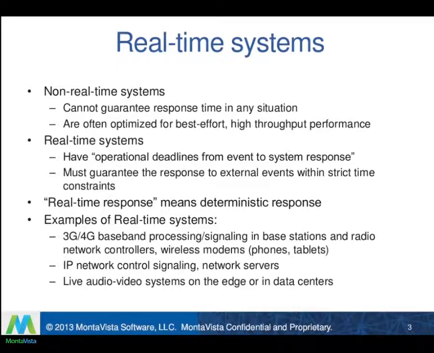Real-time response basically means a deterministic response, and some examples of real-time systems are 3G or 4G baseband processing in base stations and network controllers, IP network controlling, and live audio video systems.